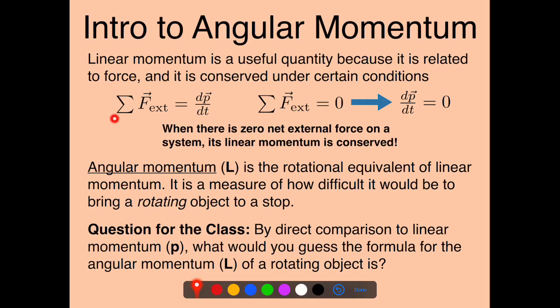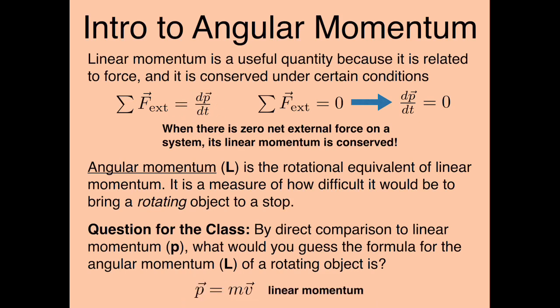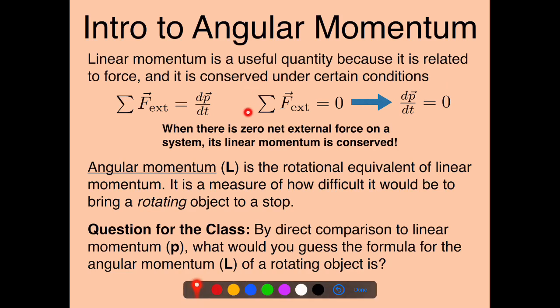The net external force acting on a system is equal to dp/dt, where p is the linear momentum of the system. What we're doing here is taking the time derivative of the linear momentum on the right-hand side of that equation. Now, if we have a system where there's no overall external force acting on it, in other words, if the net external force is equal to 0, that immediately implies that dp/dt is equal to 0.